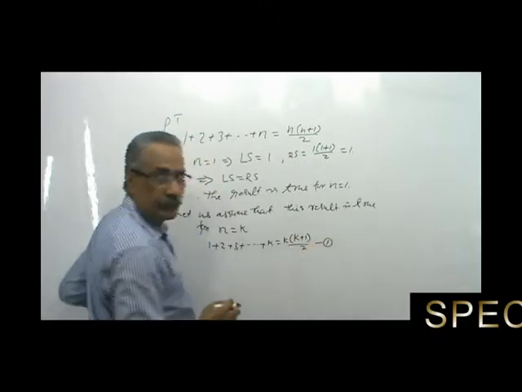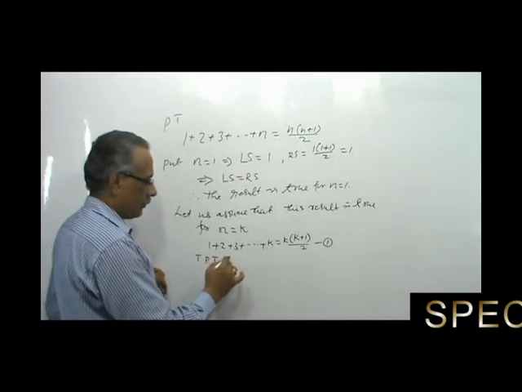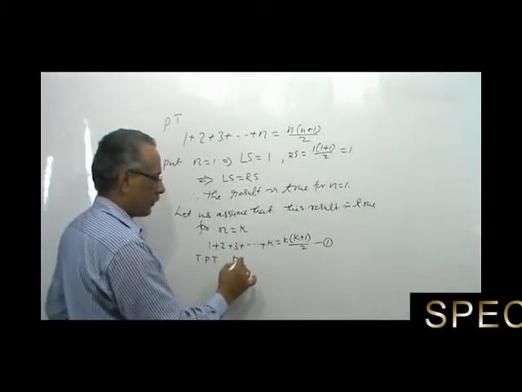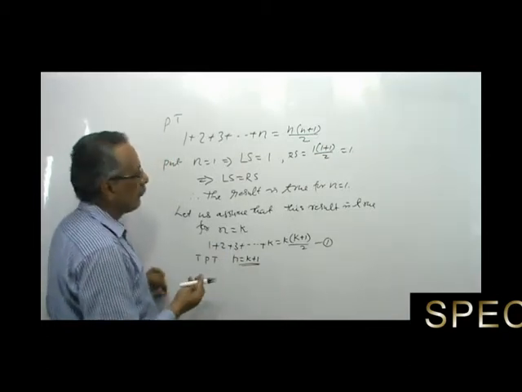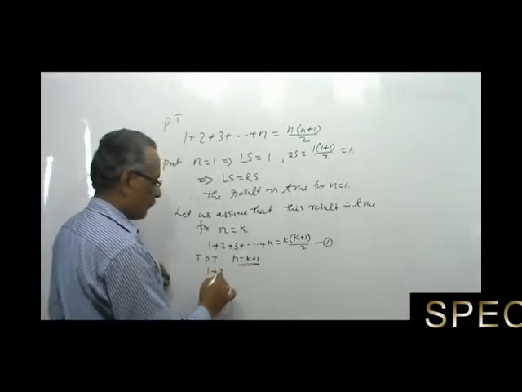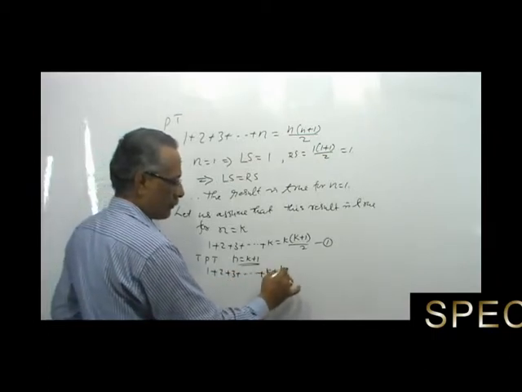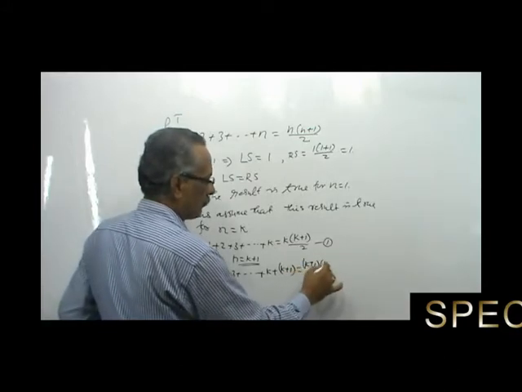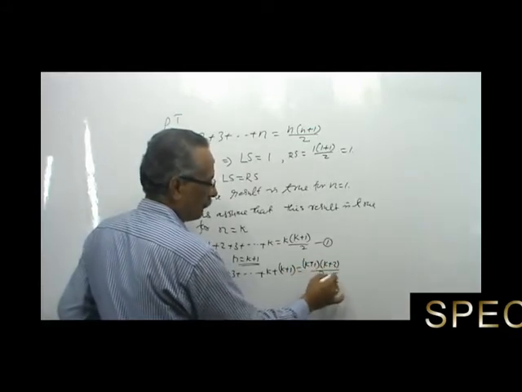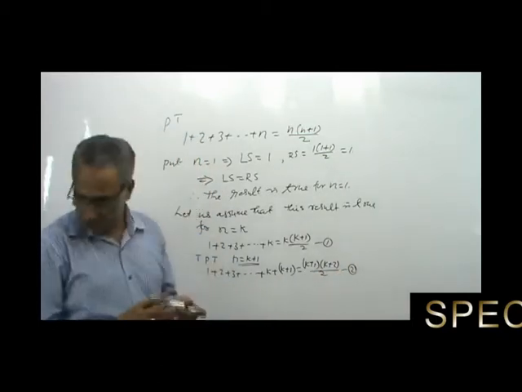Question number 1. To prove the result for n is equal to k plus 1, what will be that result? That will be 1 plus 2 plus 3 plus etc. plus k plus 1 is equal to k plus 1 into k plus 2 divided by 2. Question number 2. This is to be proved using this one.